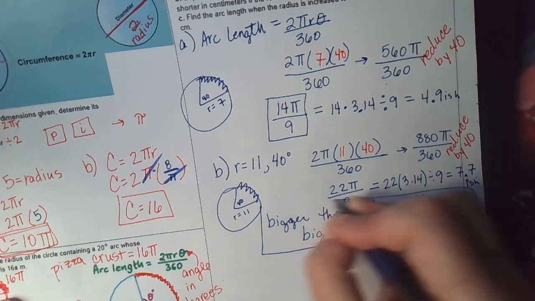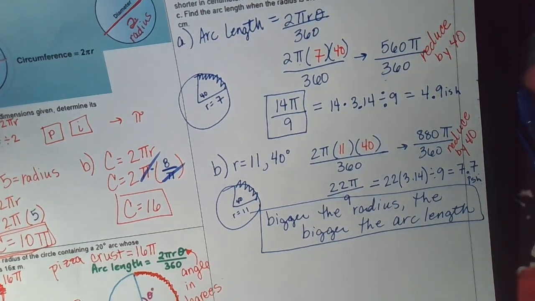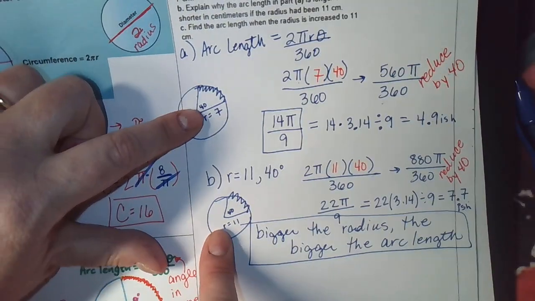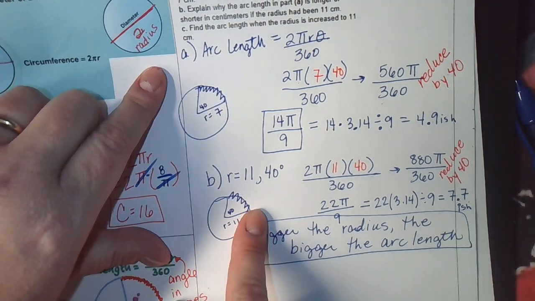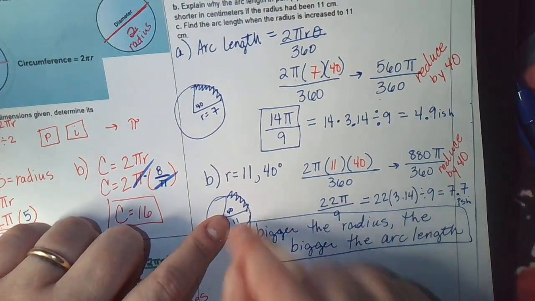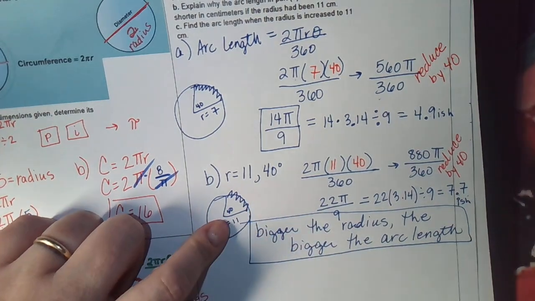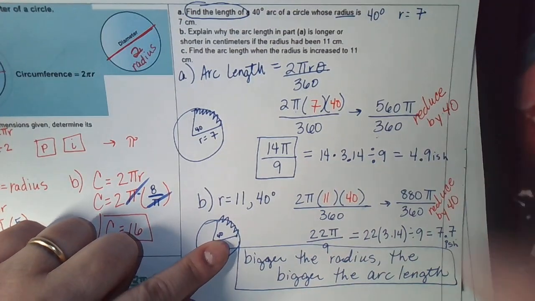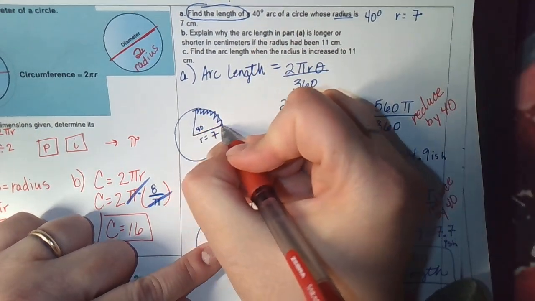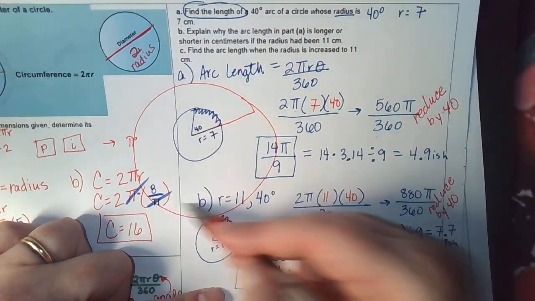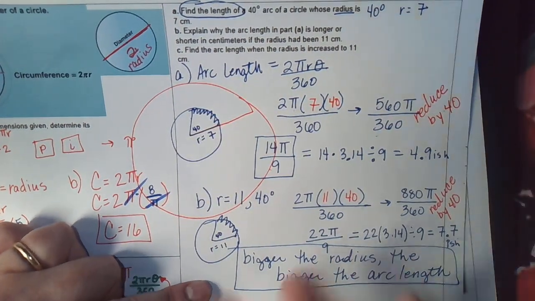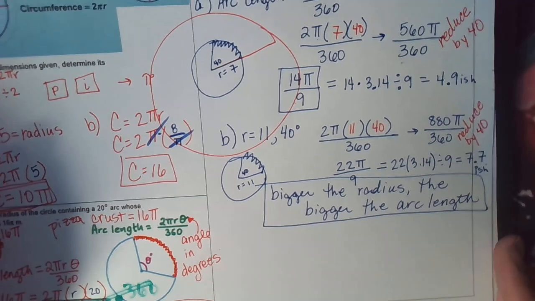So as our radius gets bigger, if our angle is the same, our arc length gets bigger, because a radius of 11 would not be this tiny circle that I drew. A radius of 11 would be like almost twice as big. Yeah, this would be a circle of radius of 11. So the bigger radius we get, the bigger arc we get.